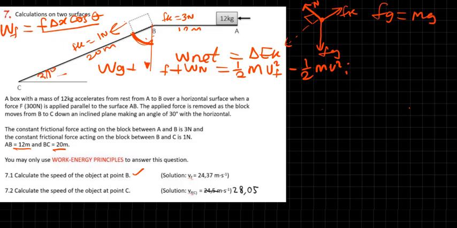So the mass of the object is 12, so we shall have 12 times 9.8, and then multiply by the distance, which is 20, and then multiply by the angle, which is cos 60.